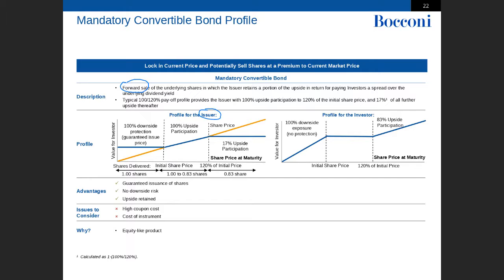Why? Because they issue a number of shares that are given. So de facto, they don't take the downside of the market here. They give away 100% of the upside to the investors here between 2 levels of prices, and then they retain some upside, in this case 17%, above a certain level.